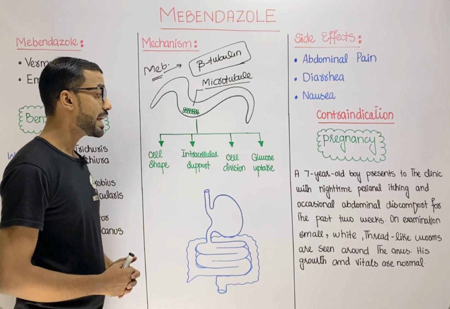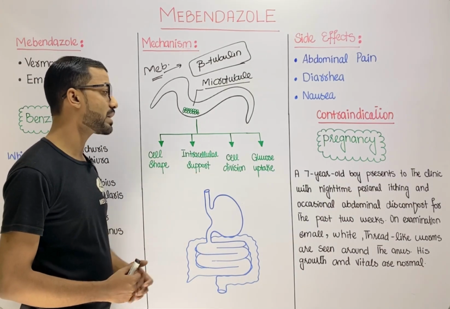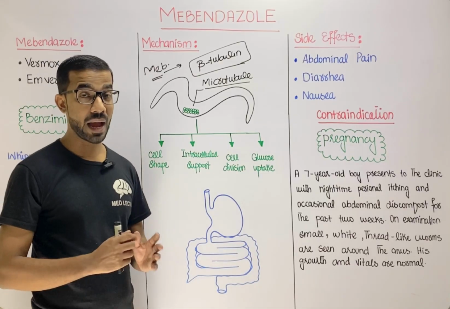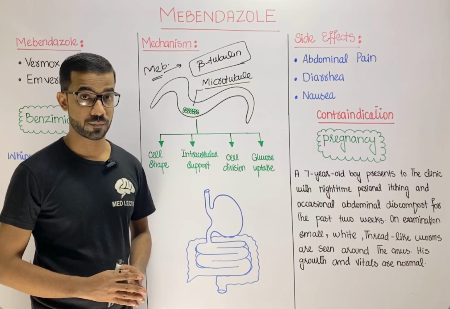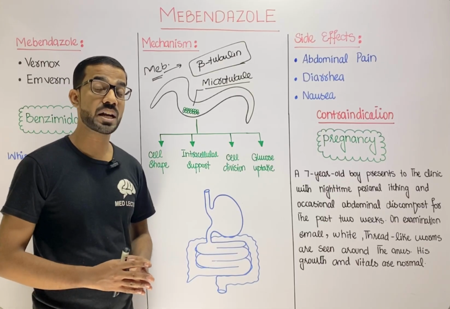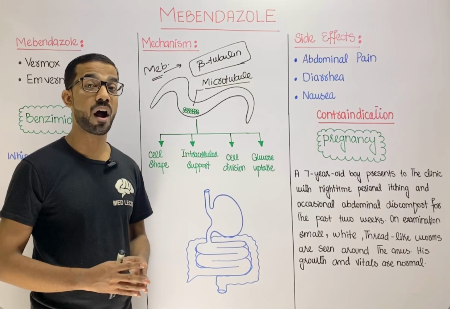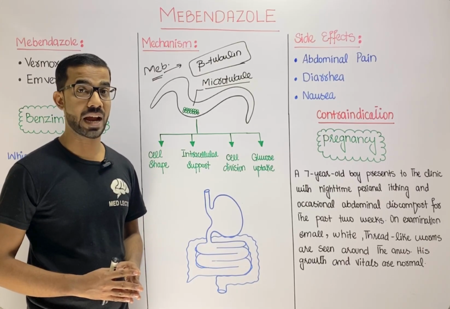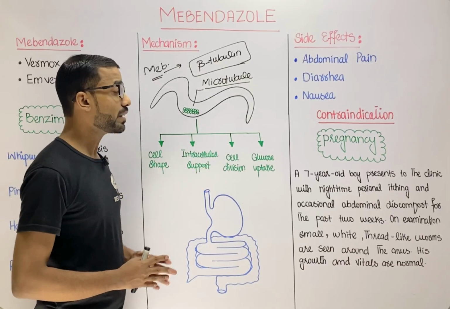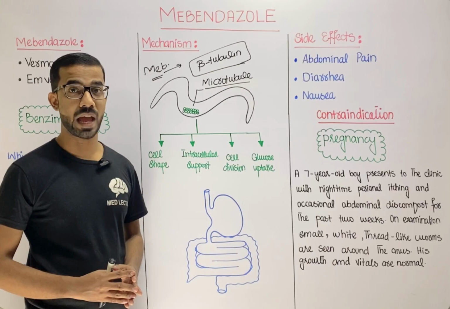Second is the disturbance in the intracellular support, because microtubules support the cells of these worms. Whenever there is a disturbance in the microtubules, the intracellular parts of these worm cells will be disturbed. And third, cell division will also be disturbed.